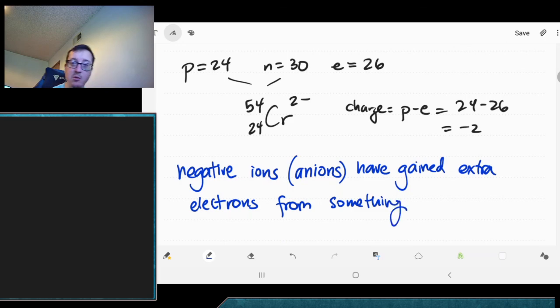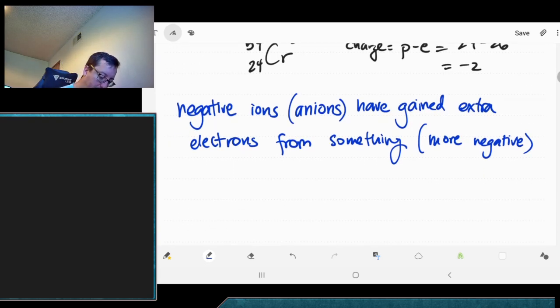We're going to see later when we talk about electron transfer reactions how something like this might work. If you think about it, they are more negative. They have gained extra electrons. Electrons are negative. So things that have gained electrons become negative.